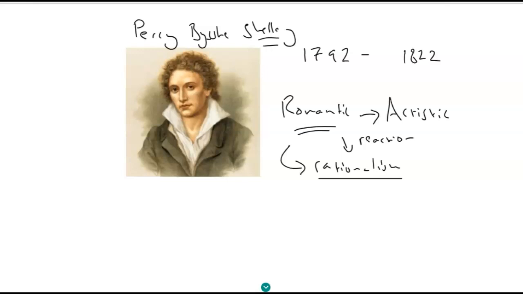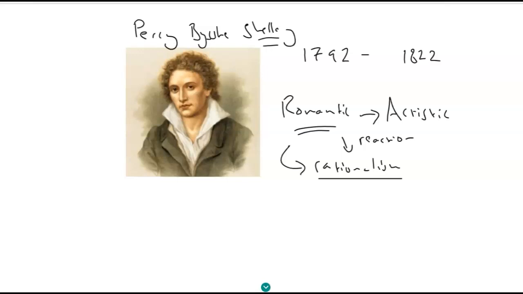But what the Romantics saw, and in credit to them, they saw this very early, is that there were limitations to rationalism as a kind of way of interfacing with the world. And what rationalism leaves out are the human emotions, the human passions, God, the divine, the grand, even nature itself.